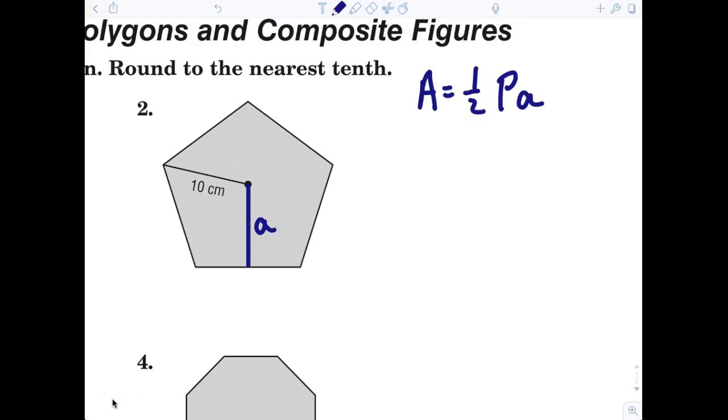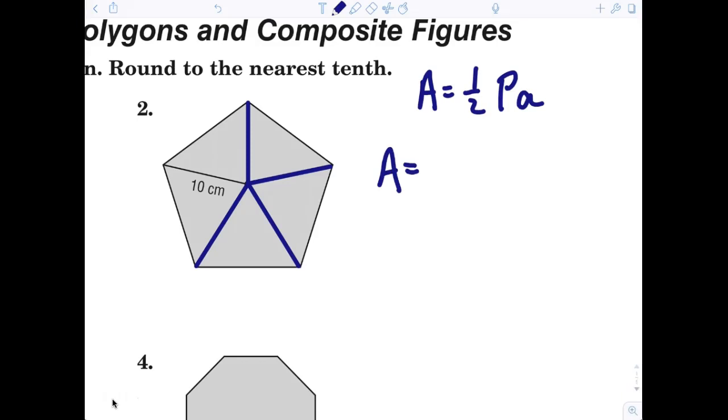What I do show kids is that every single regular polygon can be broken down into what specific sections? Yes, that is exactly correct. So please listen up. For me, the formula for every regular polygon is simply A equals.